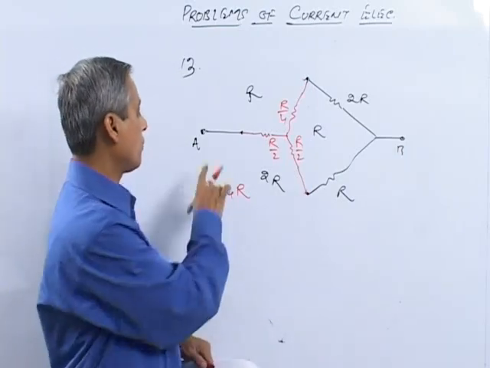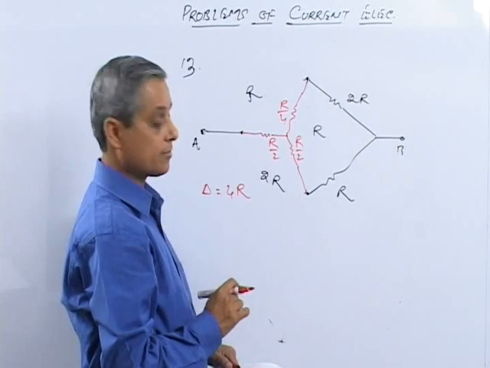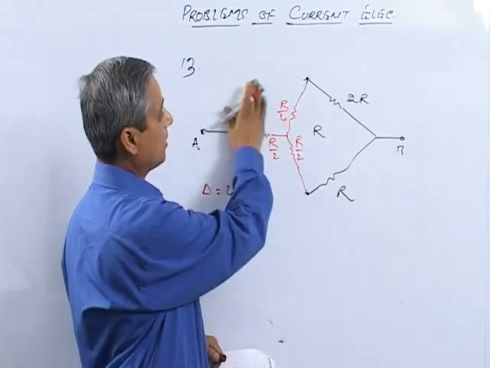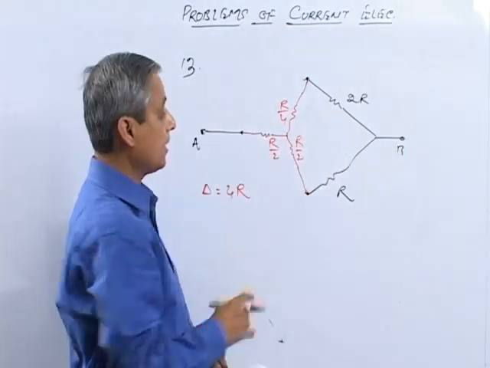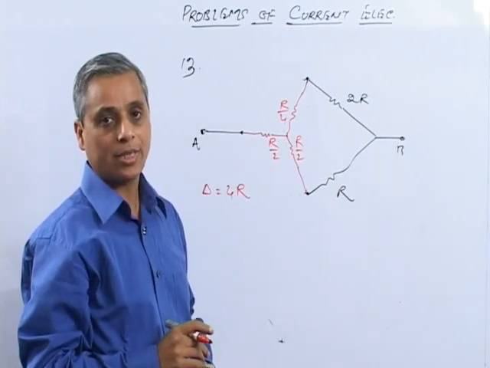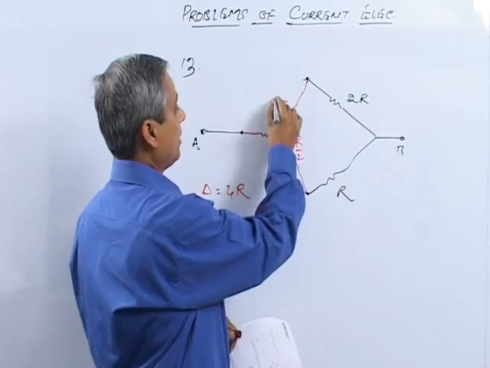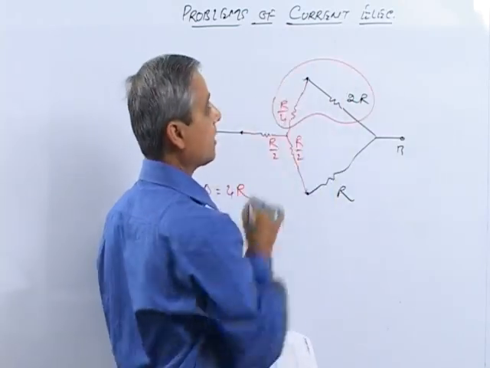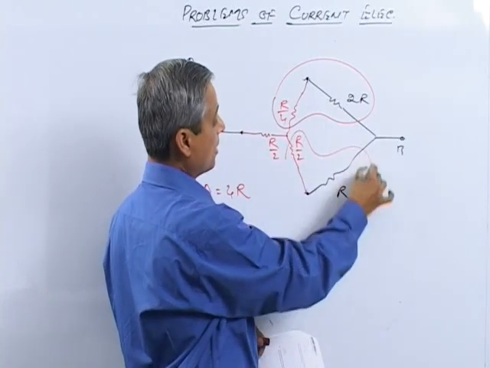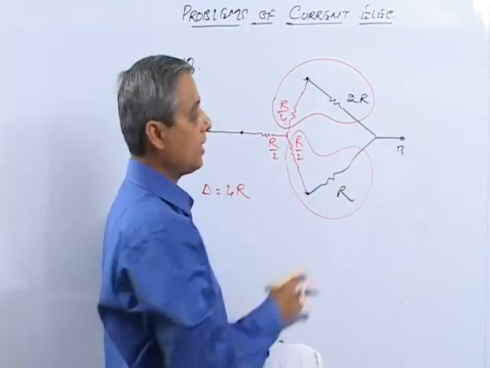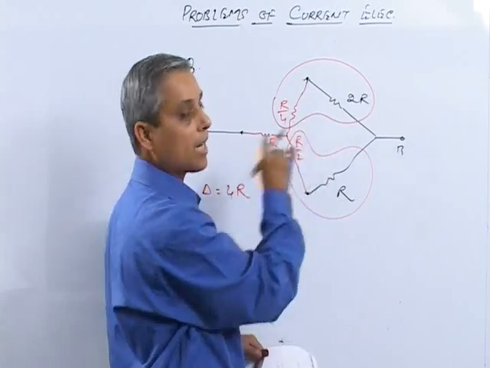Now between A and B, it is a simple series and parallel combination. These 2 resistances are in series, these 2 resistances are in series, and then they are in parallel.